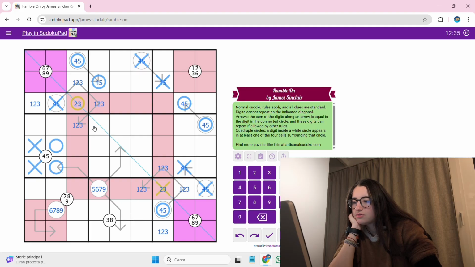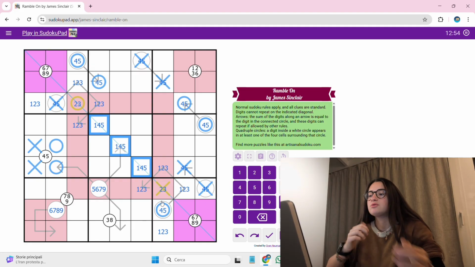Oh, hold on. We have 6, 7, 8, 9, 2, 3. So in the diagonal we are missing 1, we are missing 4, and we are missing 5. The others are already taken in the diagonal.